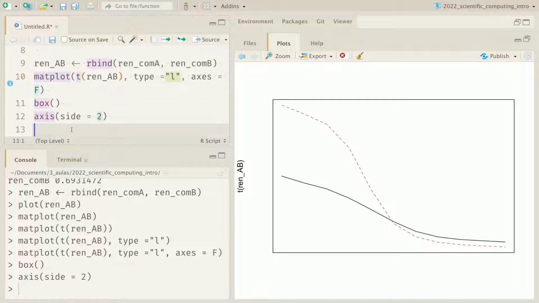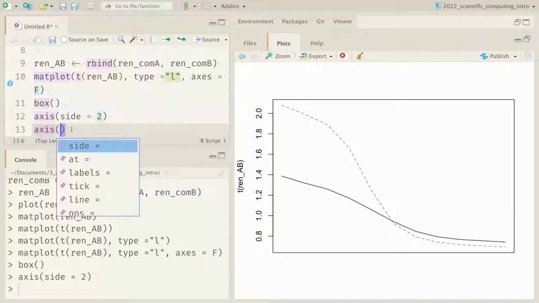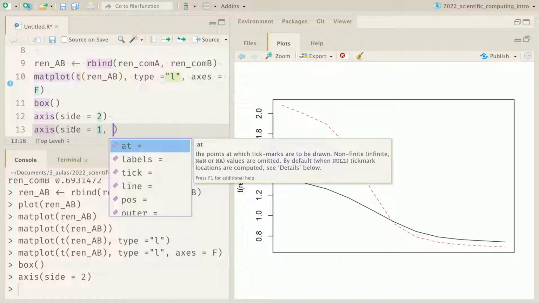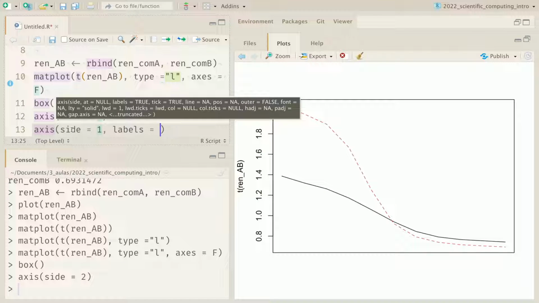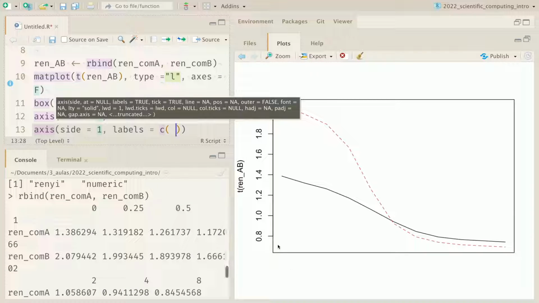So I will just add the axis for the x without thinking much, because this is the true values. And if I want the axis, I just execute axis, and I say the side should be 1, and the labels here are the important ones, because the labels are these elements.